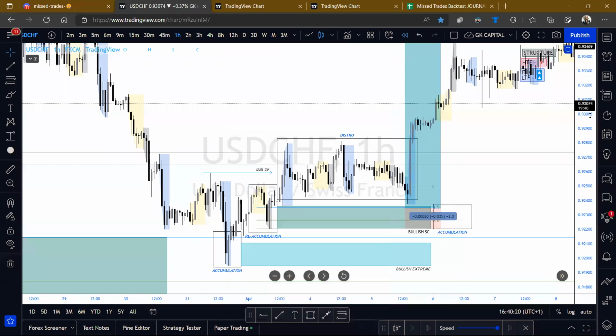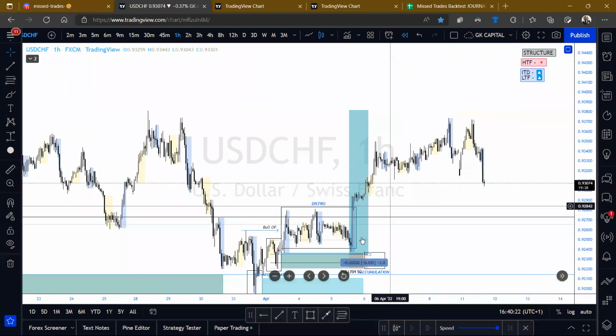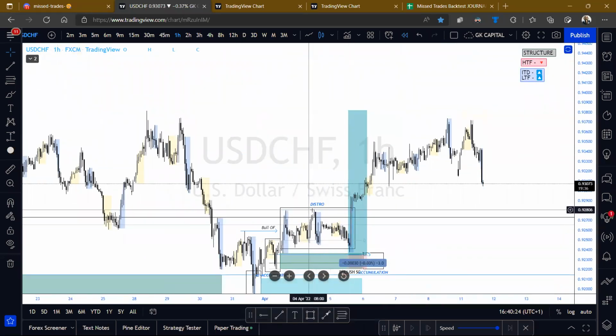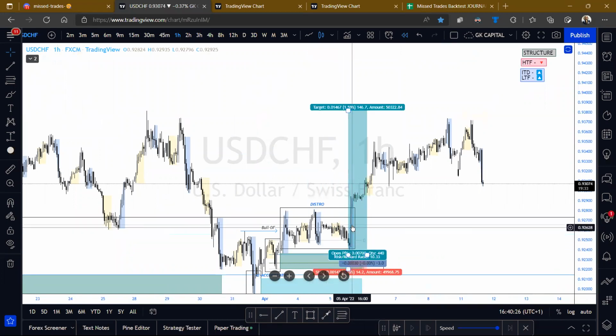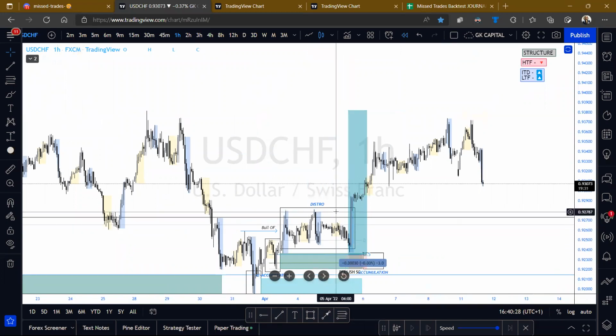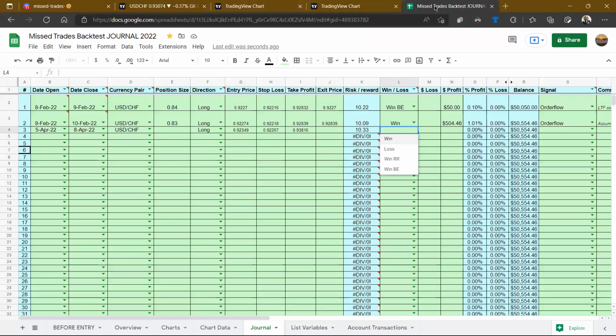So we will definitely be on break even. Yep, so there's the break. So here will be our first partial. We've just got to reduce risk, break even. Yep. So just put in break even.